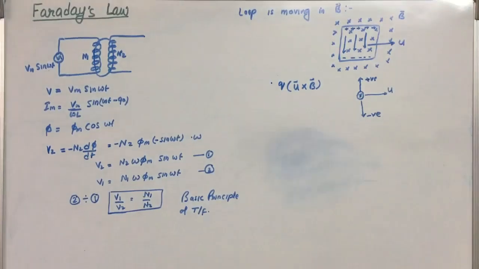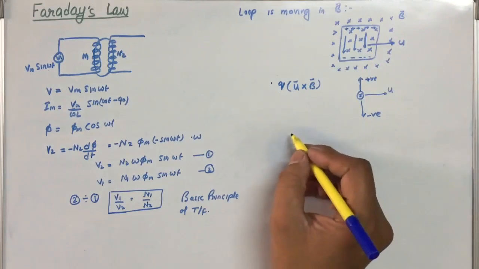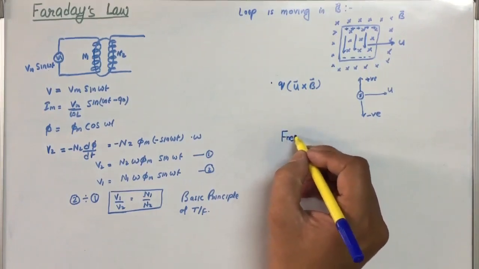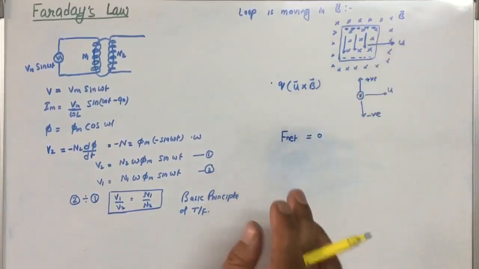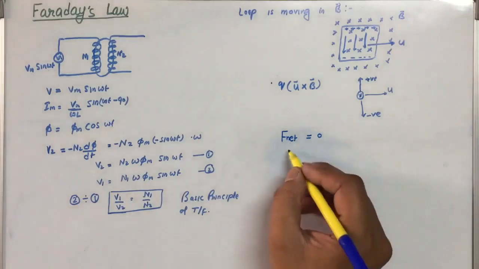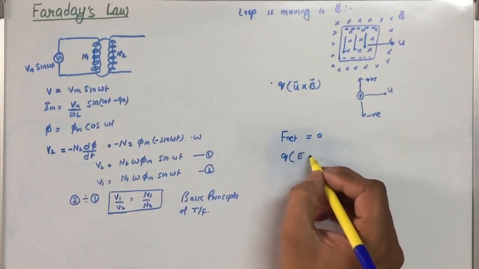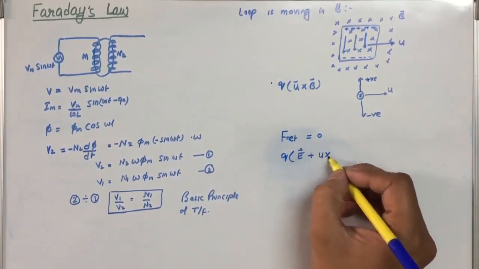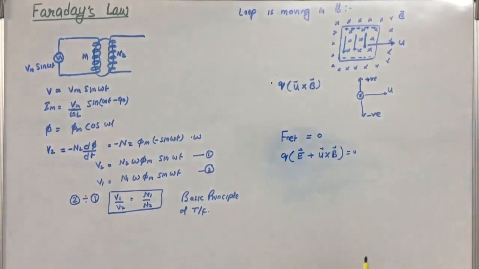We have studied that the net force on any loop in electrostatics is 0. Though there was torque, the net force was 0. We have studied this in previous lectures. So from there we can say Q E plus U cross B, this is the net force, is equal to 0.